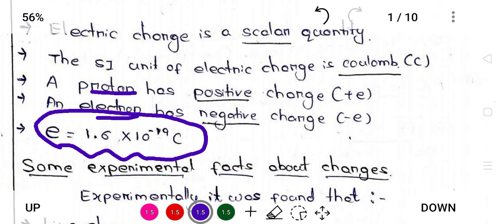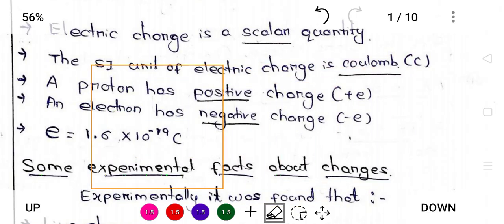So when you are writing the charge of a proton, you will simply put a plus sign, plus 1.6, and if you are writing the charge for an electron, you will put a minus sign, that is minus 1.6 into 10 to the power minus 19 coulomb.